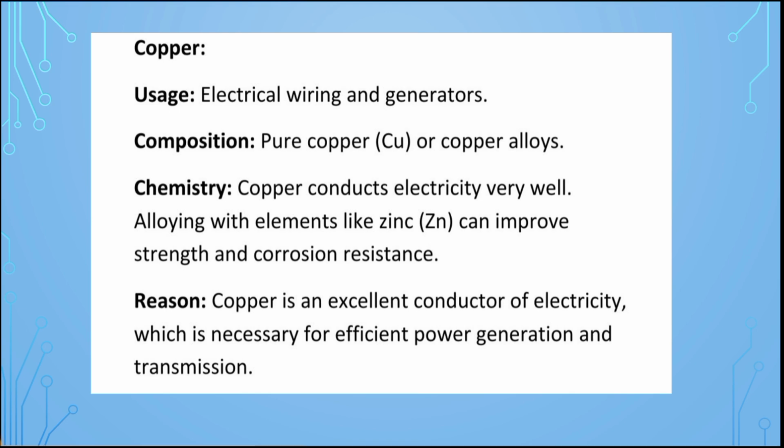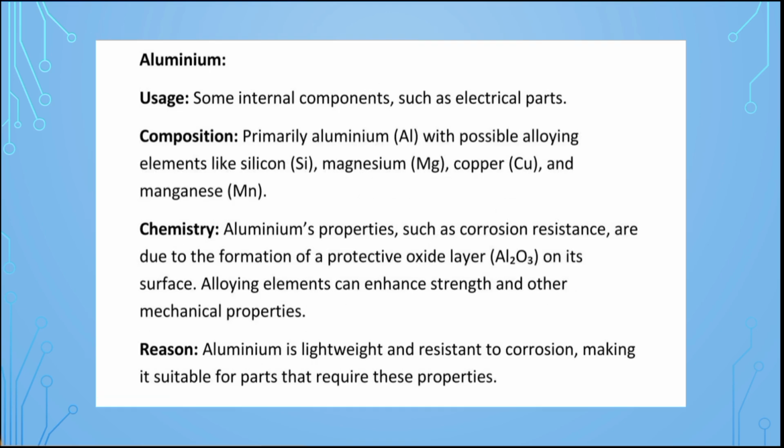electricity transmission. Most of the internal components of wind turbines, such as electrical parts, are made of aluminium. Primarily aluminium possibly forms alloys with silicon, magnesium, copper, and manganese. The properties of aluminium also help to protect these parts from corrosion.